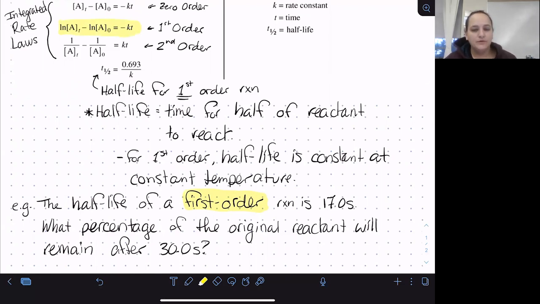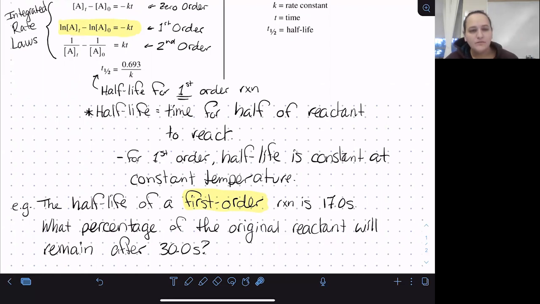So we're looking for what percentage of our stuff will remain. These concentration zeros are your initial concentrations. The concentrations with the little t's after them are the concentration that remains after time t has elapsed. So if t in this case is 30 seconds, A_t would be how much is left after 30 seconds.